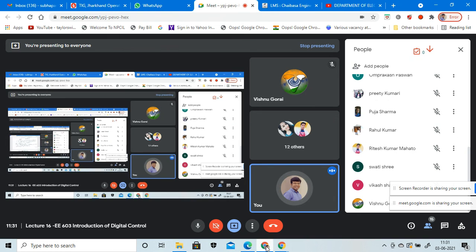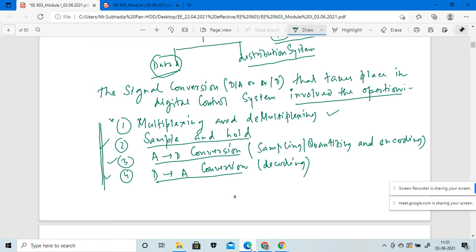I think you have another class from 11:30, so we will stop the session for today. We will discuss in brief these four operations in a digital control system. What functions will be adopted in the digital control system in the data acquisition process, we will discuss next day.